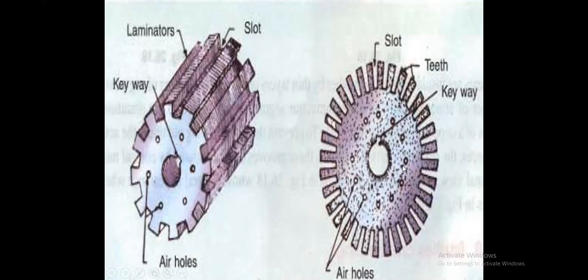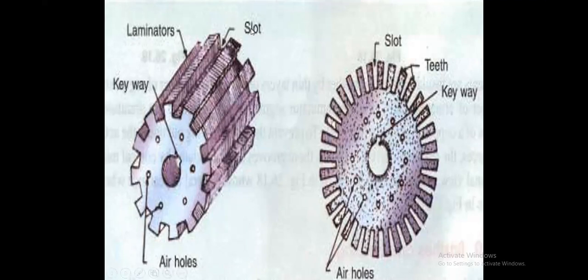By connecting these strips in this mechanism, approximately 50 to 60 strips are pasted together, and the whole armature core of slots can be made.